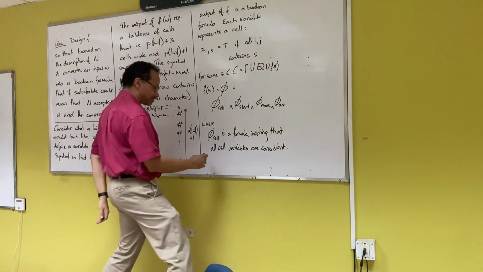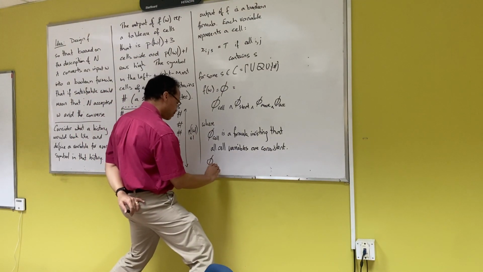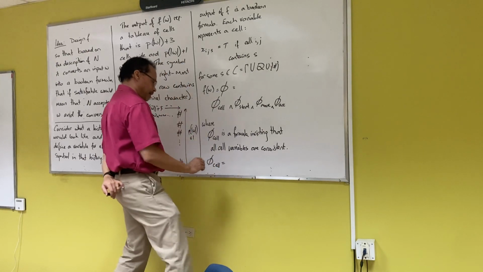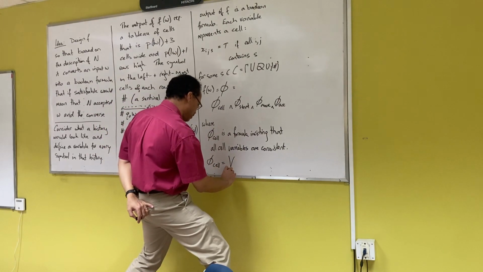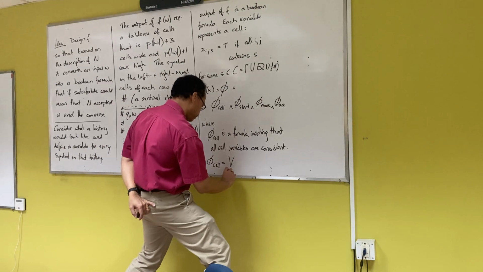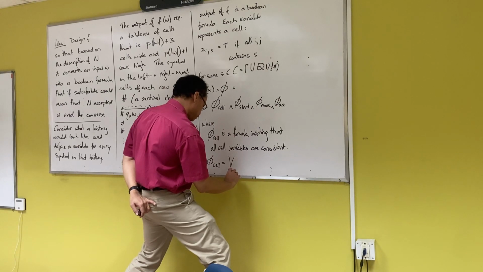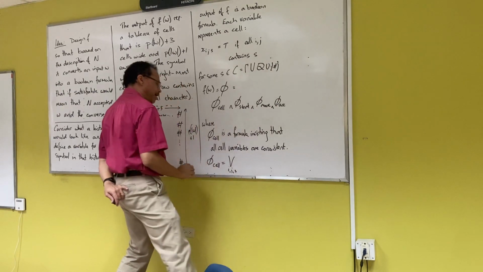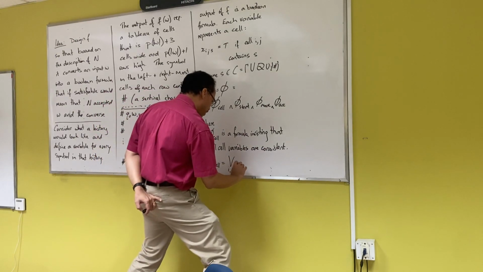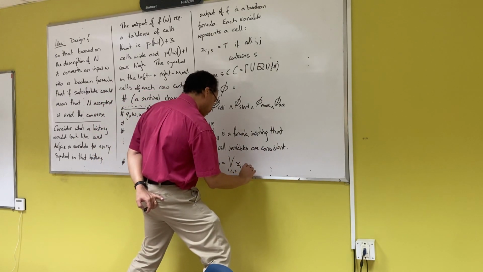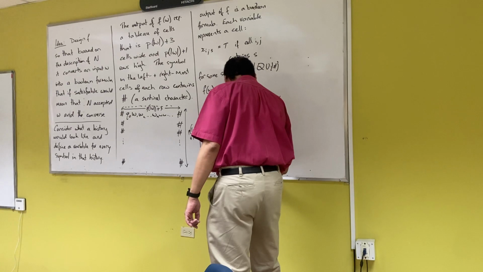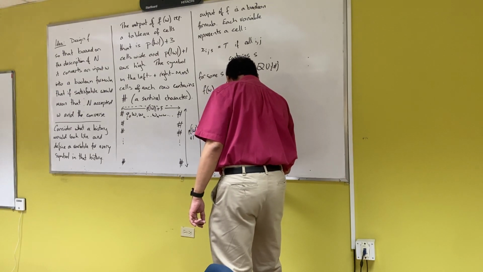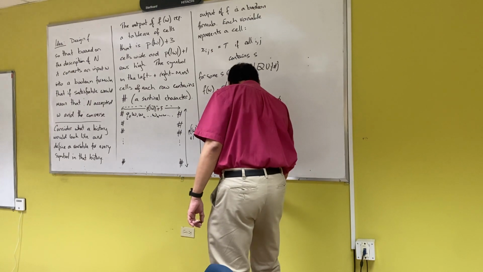So phi cell sort of looks like, okay, one big OR over all possible ij. We need that one is true, and for all the... I think I'm missing a piece.